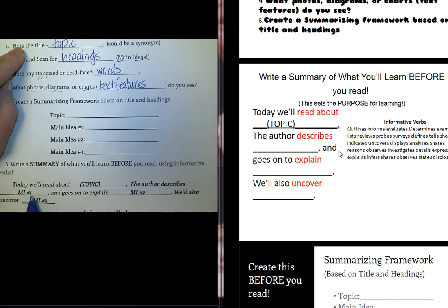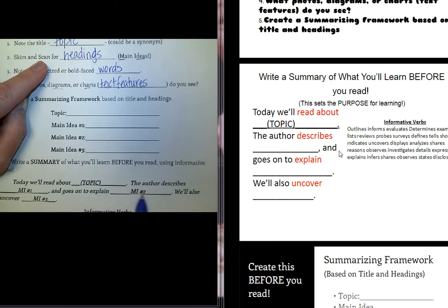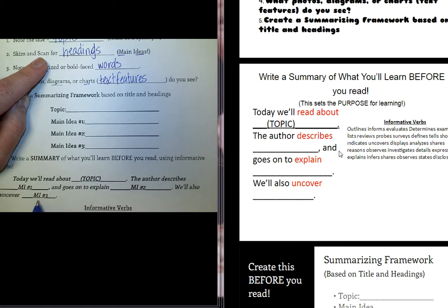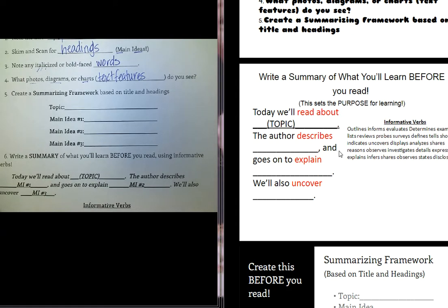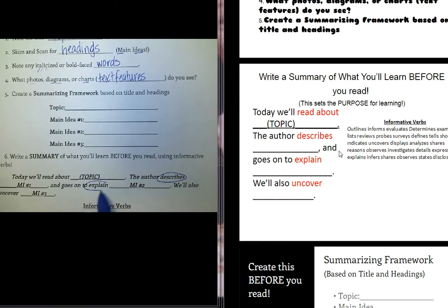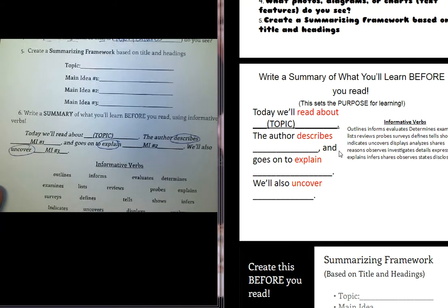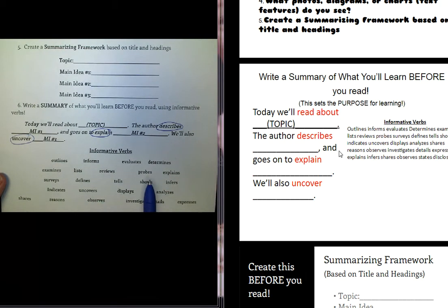The author describes, and then your main idea, heading number 1, then goes on to explain heading number 2, the main idea number 2. And we'll also uncover, and then the third main idea, the third heading, okay? And we'll do that in just a second. You can use different verbs other than describes or explains or uncovers. And so we've given you a list of verbs that you could maybe use instead.